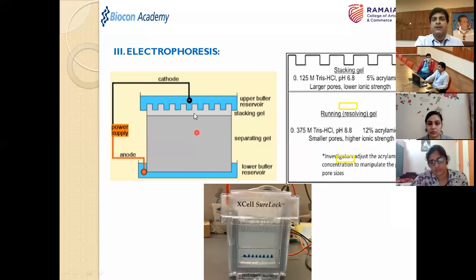Now as soon as you add TEMED, immediately you have to pour your separating gel first, then after solidification you can wash it, and then you add the stacking gel, and then immediately we insert the comb. Leave it for some time, then it gets solidified. So your gel is ready now. You take out the comb, and you can nicely see the wells for your sample loading. They are ready. Understood?